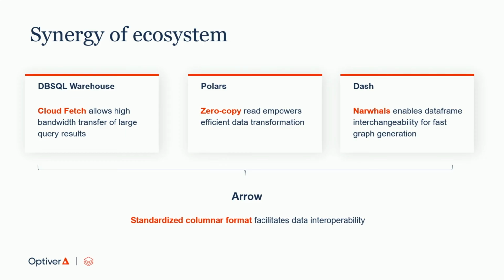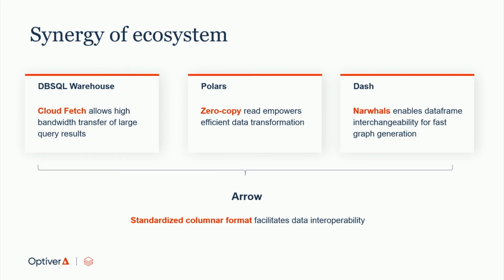Dash recently also integrated with a library called Narwhals. Narwhals gives us an abstraction over different underlying data frame libraries. Up until this change, if you passed any kind of data frame to Dash, Dash would convert it into a pandas data frame, and then it would render the visualization.